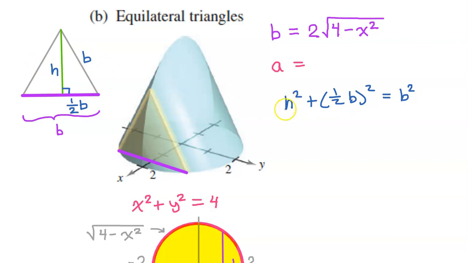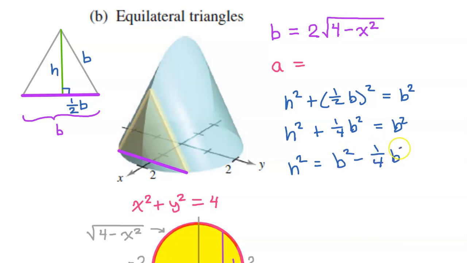We need to solve this for the height. So let's see, I have height squared plus 1/2 squared is 1/4. So I have 1/4 b squared is equal to b squared. Let us subtract 1/4 b squared from both sides. So I'm going to have h squared is equal to b squared minus 1/4 b squared.